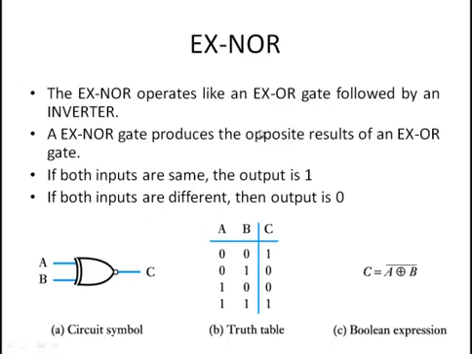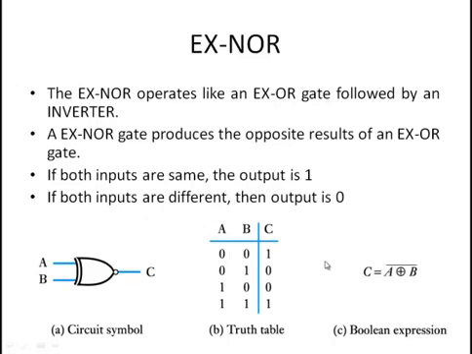Further, XNOR produces the opposite output results of an XOR gate because an inverter has been marked. This inverter has been marked here, so the output will be opposite to that of the XOR gate. That is, we had highs in case of XOR when the two inputs are different, but here in case of XNOR, high output will be obtained when the inputs are the same.